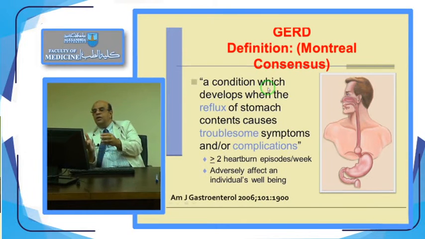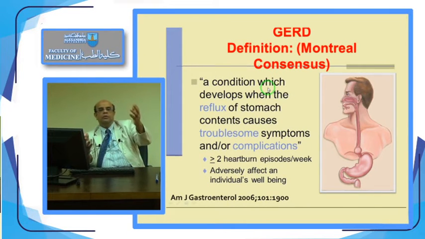So, gastroesophageal reflux is a condition which develops when the reflux of stomach contents causes troublesome symptoms and/or complications in the lower esophageal mucosa, and this will occur if there are more than 2 heartburn episodes per week or it adversely affects an individual's well-being. This means that we have physiological reflux. Every one of us has had an episode of reflux once per month, once every 2 months, once per year.